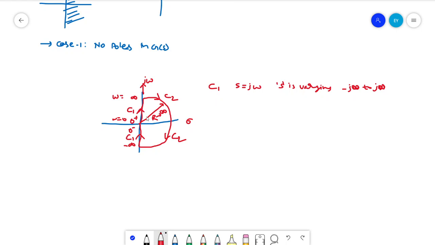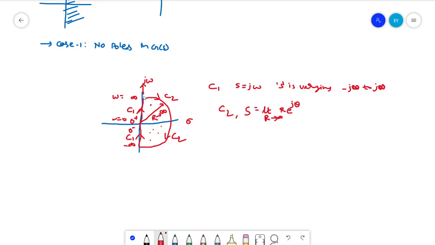Okay, C2: to get any point somewhere in the right hand side, to get the details of that particular point, C2 can be given as S is equal to limit r tends to infinity, that is radius tending to infinity, r into e power j theta, right?